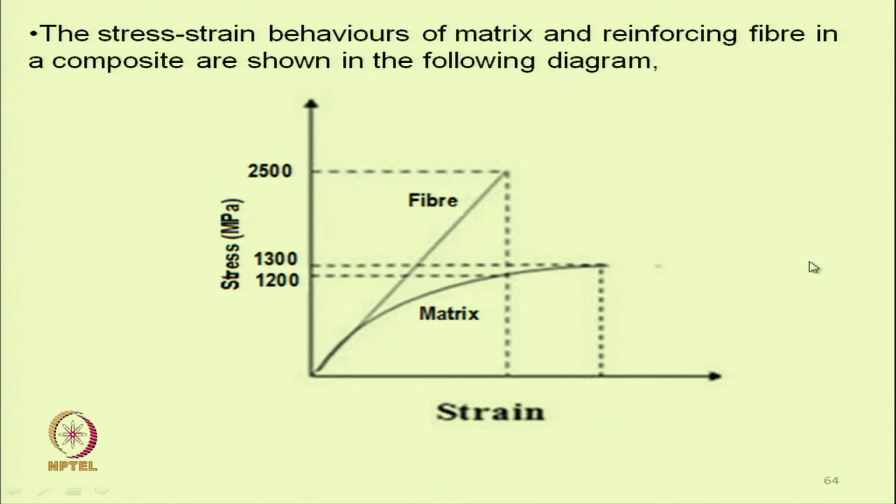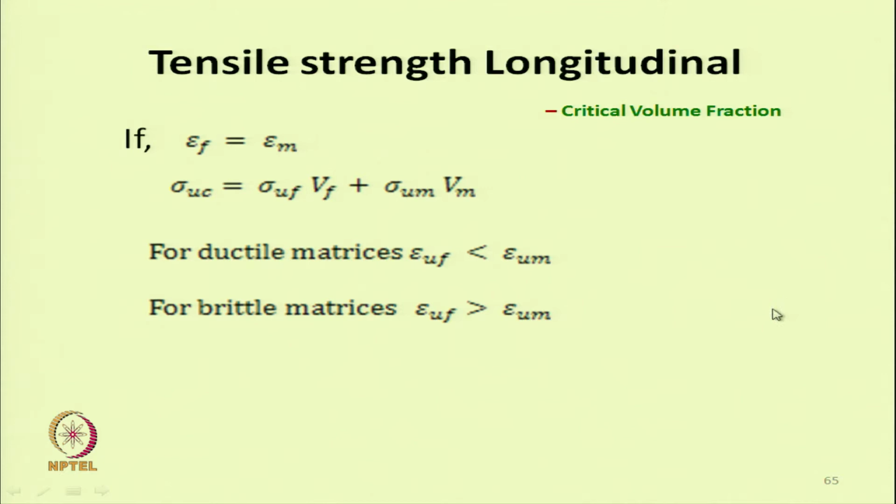Here the matrix extension is high, this is the ductile composites figure. And we can have another composite which is a brittle matrix. Typically the brittle matrices are the thermoset matrices, where the breaking strain of matrix is less than the breaking strain of the fiber, the reinforcing material.